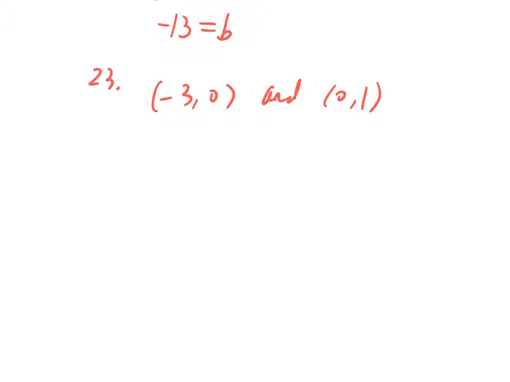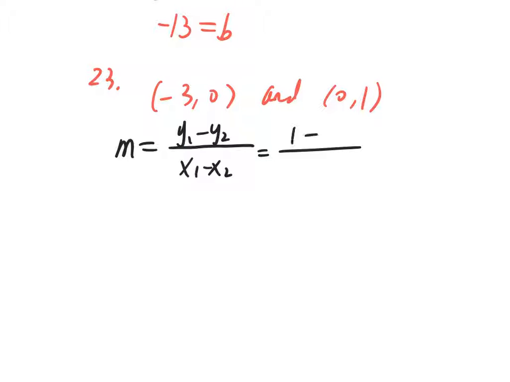Okay, 23, same thing. We have to figure out the m first. So m is y1 minus y2 over x1 minus x2. So that'll be 1 minus 0 over 0 minus negative 3. You can call whichever you like the first point. It really doesn't matter, as long as you use the same order. We usually call the first point x1, y1, and the second point x2, y2, but it really doesn't matter.